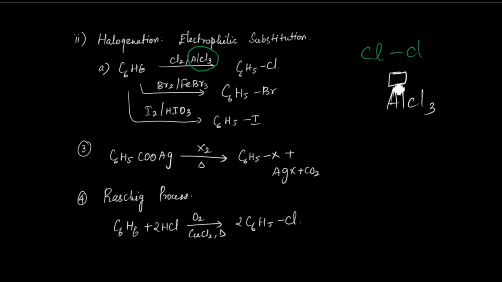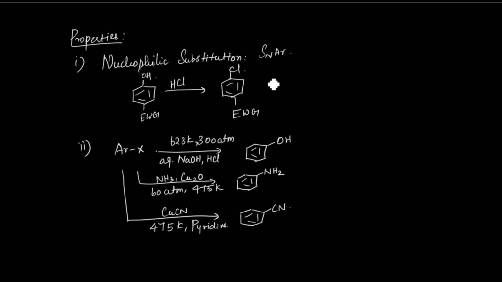Al has an empty orbital, so that Cl will come and the remaining Cl will become an electrophile. So this is how the electrophile is produced in this electrophilic substitution reaction. These reactions we know already. Then the Raschig process, where we use benzene with HCl, will give you chlorobenzene.